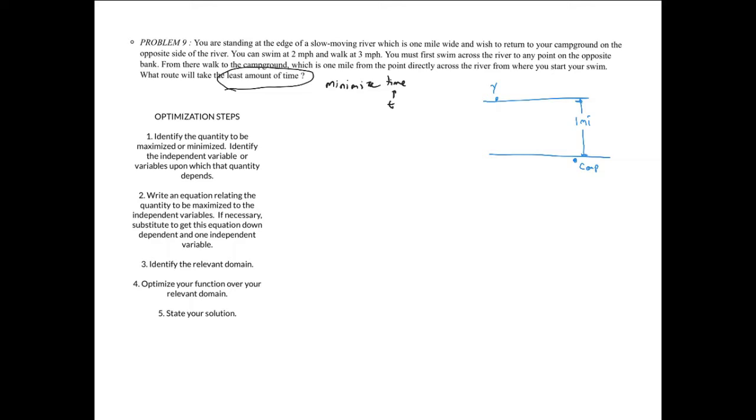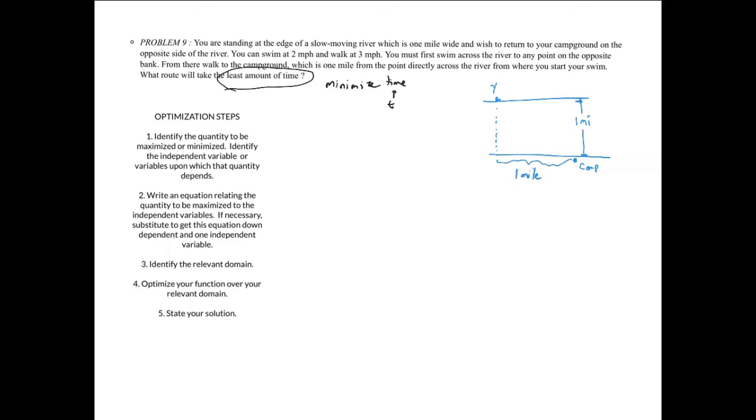Okay. And it says that your campground is 1 mile from the point directly across the river from where you start your swim. Okay, so we're starting our swim immediately. If we were to go directly across the river, that would be here. And the problem says that this is 1 mile from your camp.